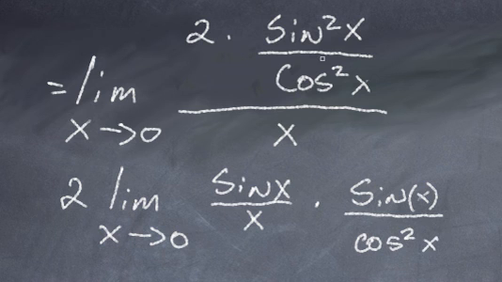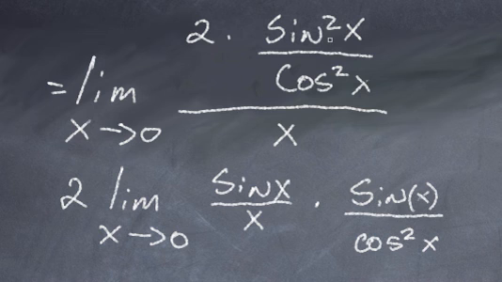Now hopefully you can see where this is coming from, right? I take the 2, I bring it out front, I break this up. This is sine x, this is cosine. I go ahead and keep the cosine squared x. But remember, I can take this fraction up here and drop it down. And so we end up with a sine squared x in the numerator and then an x times cosine squared x in the denominator. That should help you figure this out.